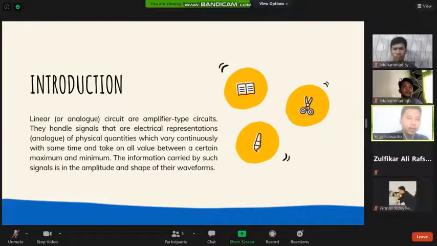Linear or analog circuits are amplifier type circuits. They handle signals that are electrical representations or analogs of physical quantities which vary continuously with time and take on a value between a certain maximum and minimum. The information carried by such signals is in the amplitude and shape of their waveforms.